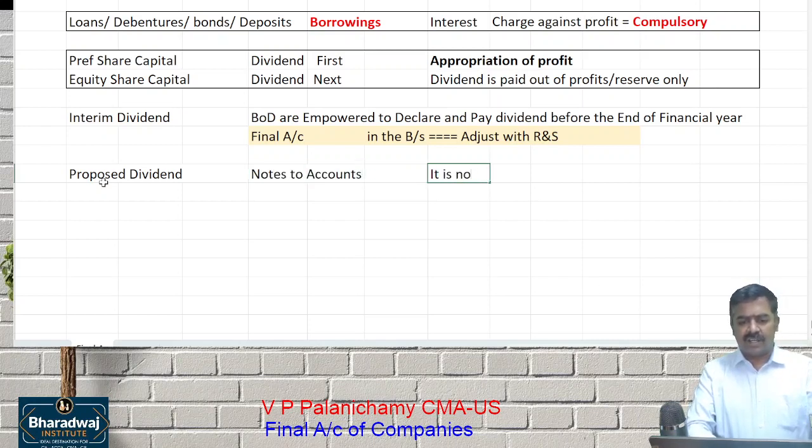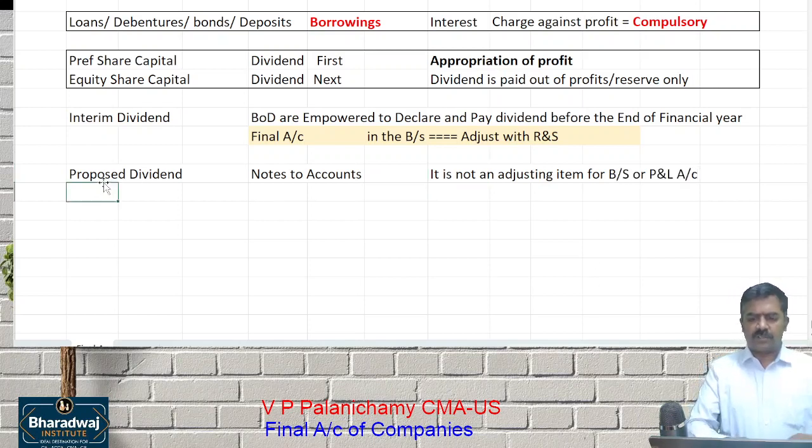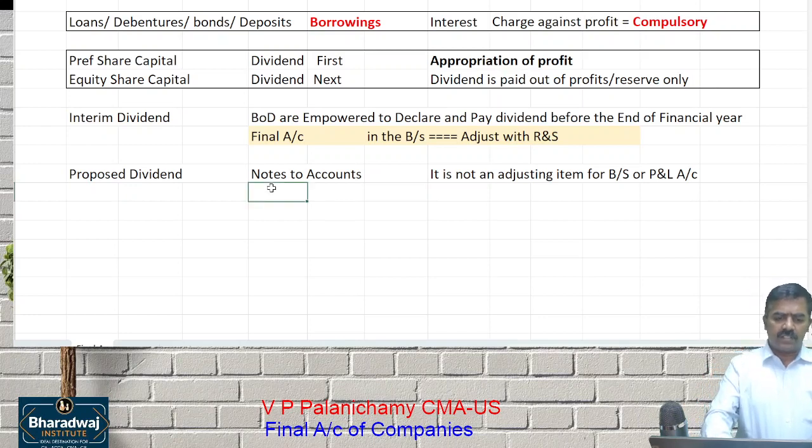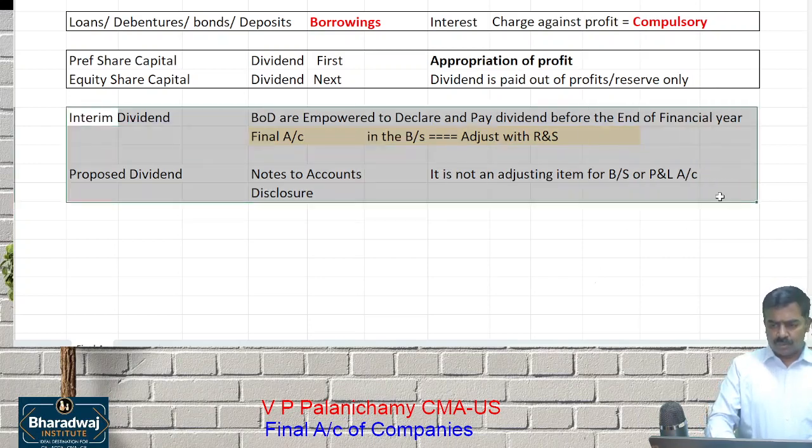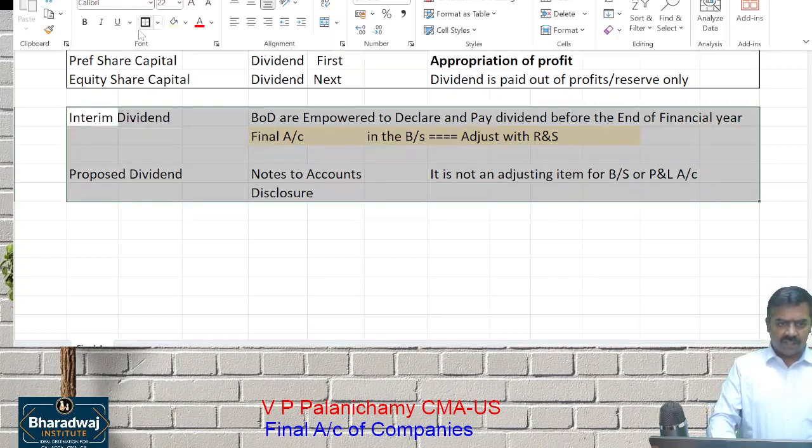It is not an adjusting item for preparing balance sheet or P&L account. Notes to accounts means disclosure. We just give a disclosure. We don't adjust in P&L account or balance sheet. We just give it in notes to accounts. These two things we had seen.